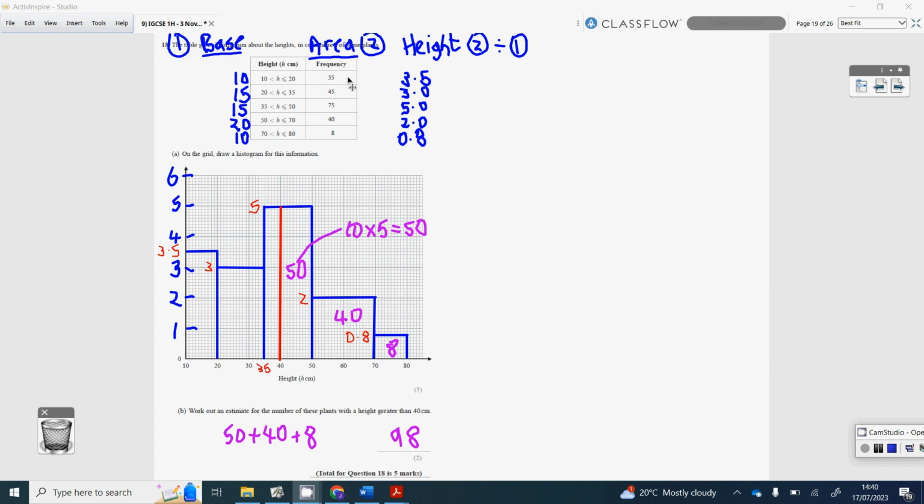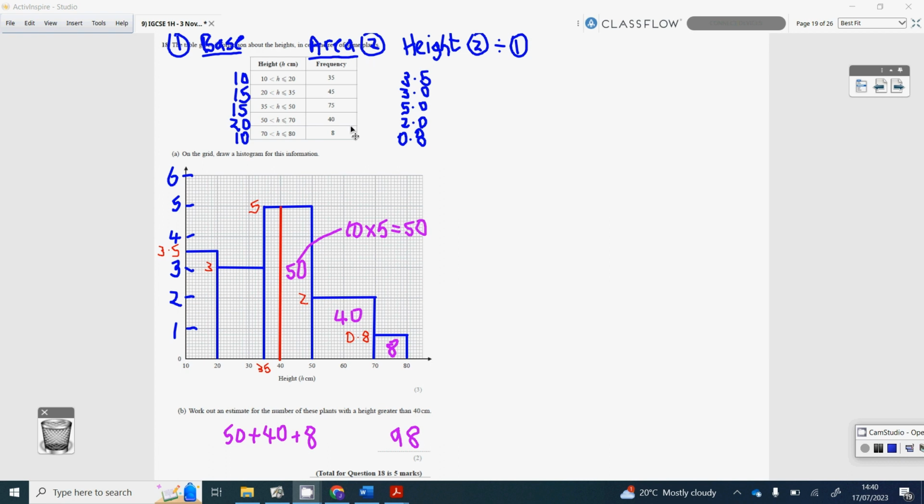Now, the frequency, as I said, is the area. Now, we know with rectangles, base times height equals area. So going the other way, area divided by base will give me the heights of these rectangles. So 35 divided by 10 is 3.5. 45 divided by 15 is 3.0. So I get these various heights for the bars.